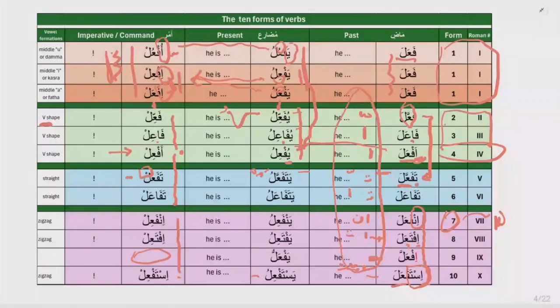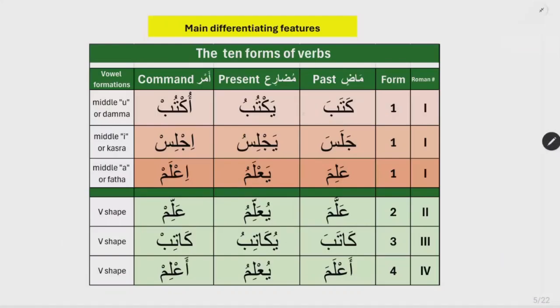I'd like to look at a certain picture of it. So if you look at kataba, this is a real verb, no? Not like fa'ala, which was just a made up 3-letter verb, although there is a verb like fa'ala, to do, but you won't find fa'ala in all those 10 forms. They just use fa'ala as an example to show you how the 10 forms look.